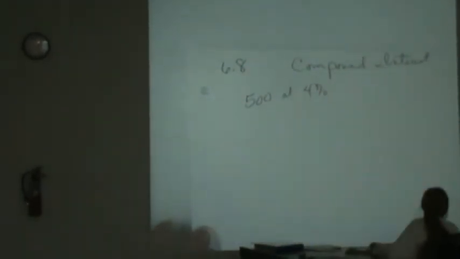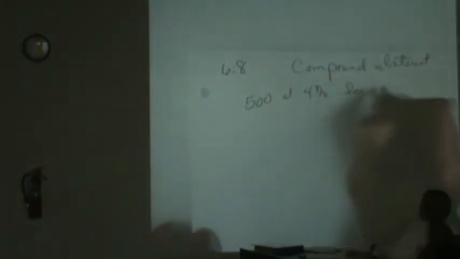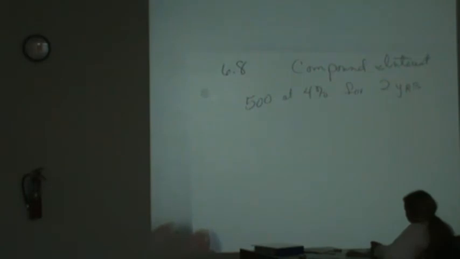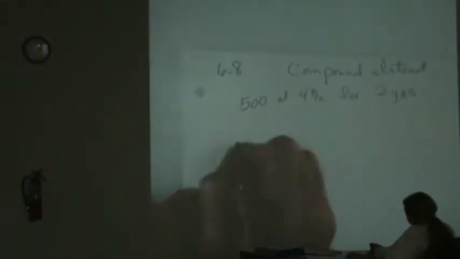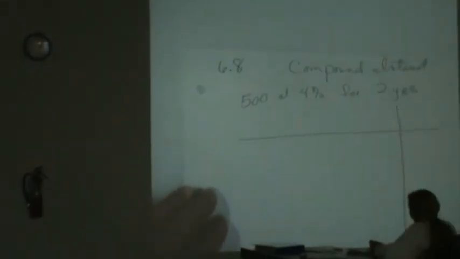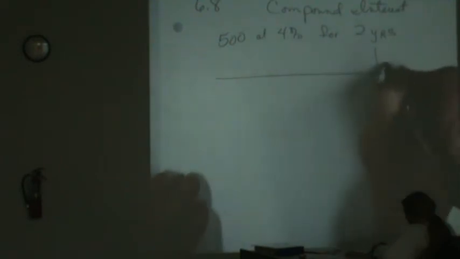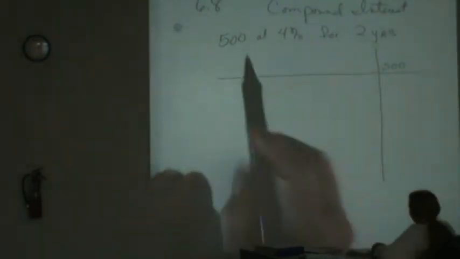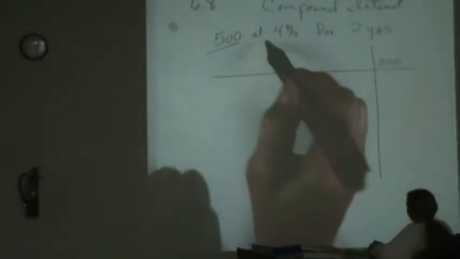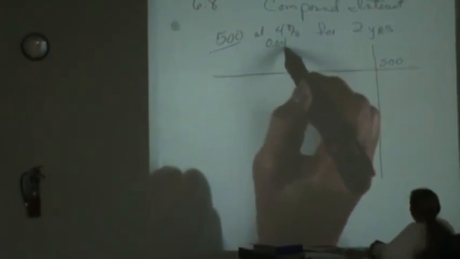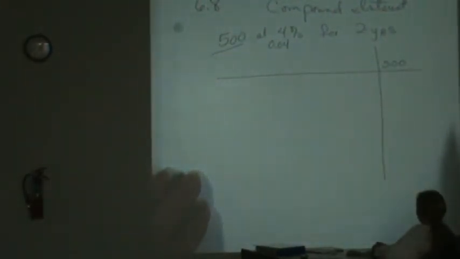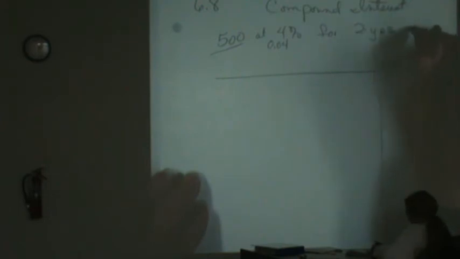Okay, let's do $500 at 4% interest for 2 years. Okay, doing it the compound way, think about if you have money in the bank. Let's say this was a savings, not a loan, okay? You put $500 in the bank. If you do 500 times 0.04 times 2, what are you going to get there?